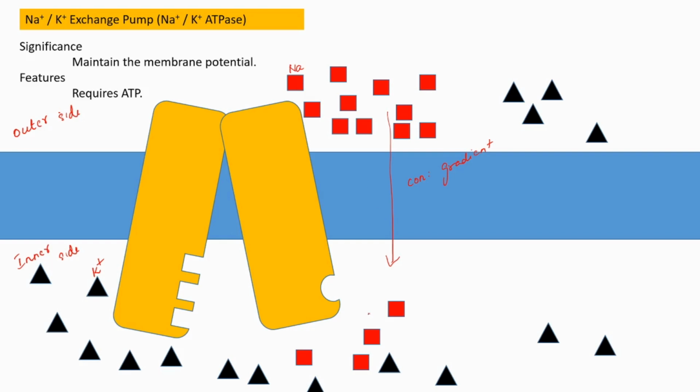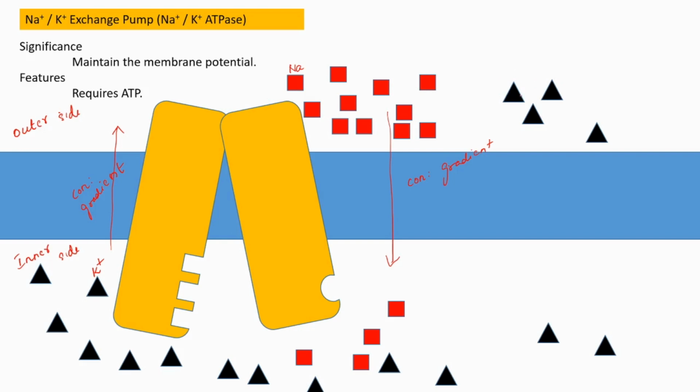Similarly, potassium has a tendency to diffuse to the cells outside in the direction of its concentration gradient. So by that way, there is a chance to have some potassium outside the cell.